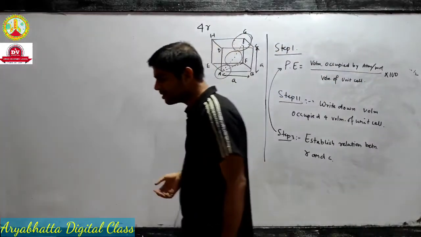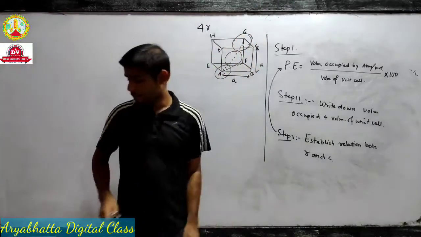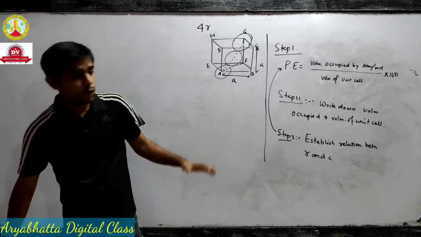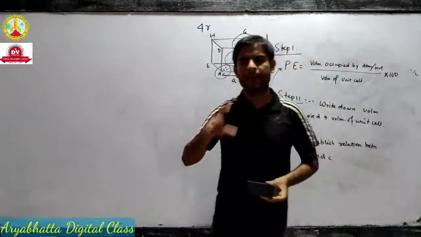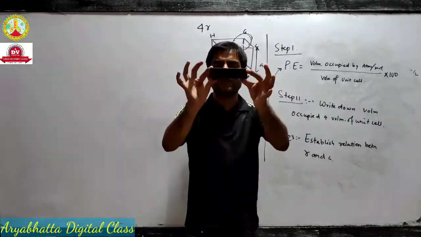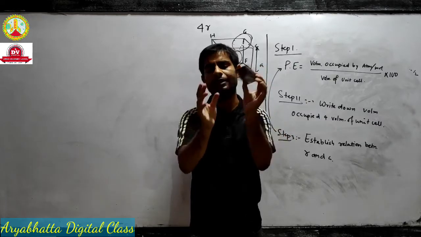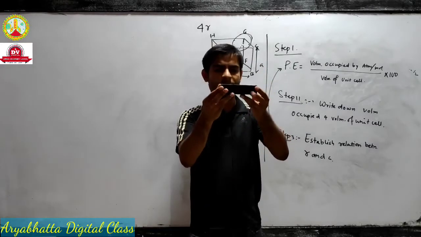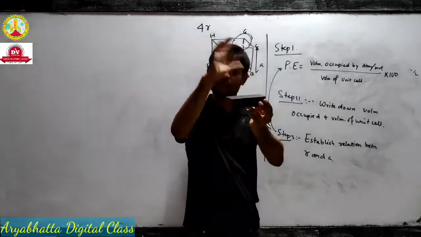Now see, in this figure, why are we using it? To establish a relation between the edge length A and the radius of the atom R. Suppose this is a body-centered unit cell. There are atoms at the corners and an atom at its center.